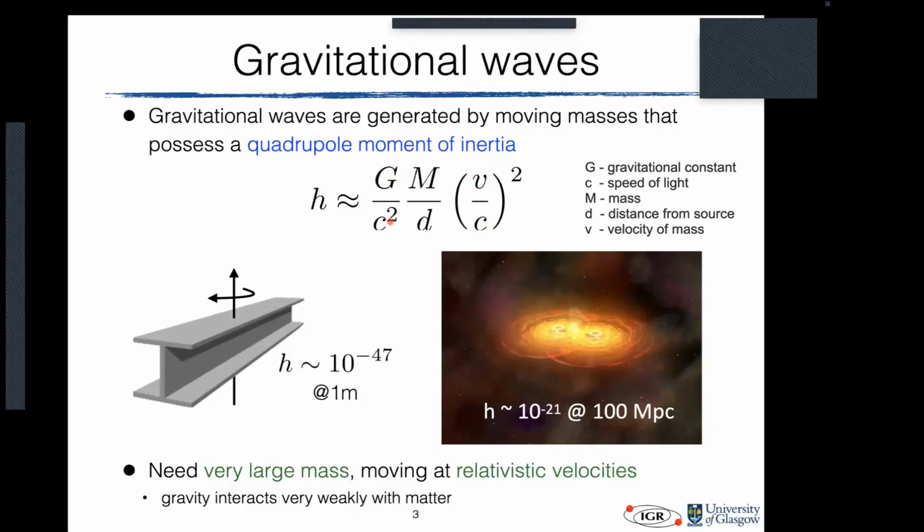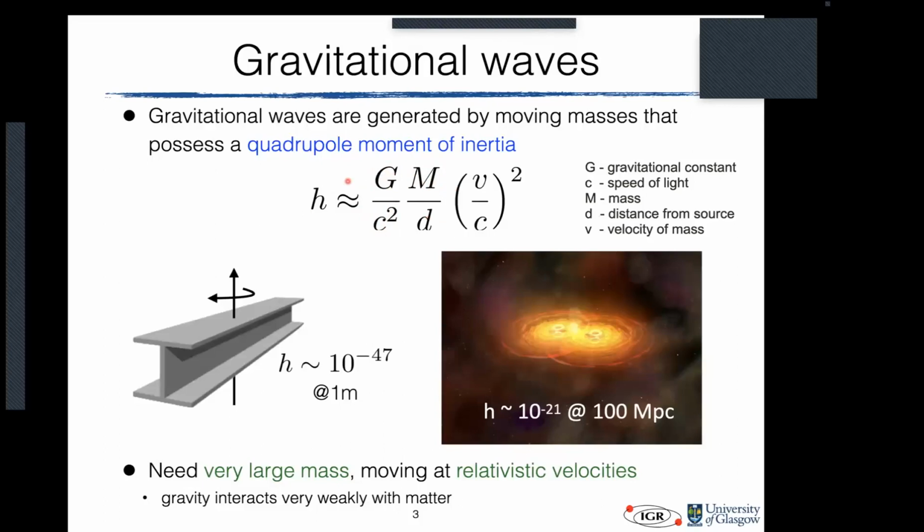So this is a factor of 10 to the minus 11 divided by 10 to the 17, and so you have a factor of roughly 10 to the minus 38 in the beginning that you need to overcome. You can already see, because of these natural constants, that you need a lot of energy, a lot of matter moving, to generate enough energy to cause some strain h that is detectable on Earth.